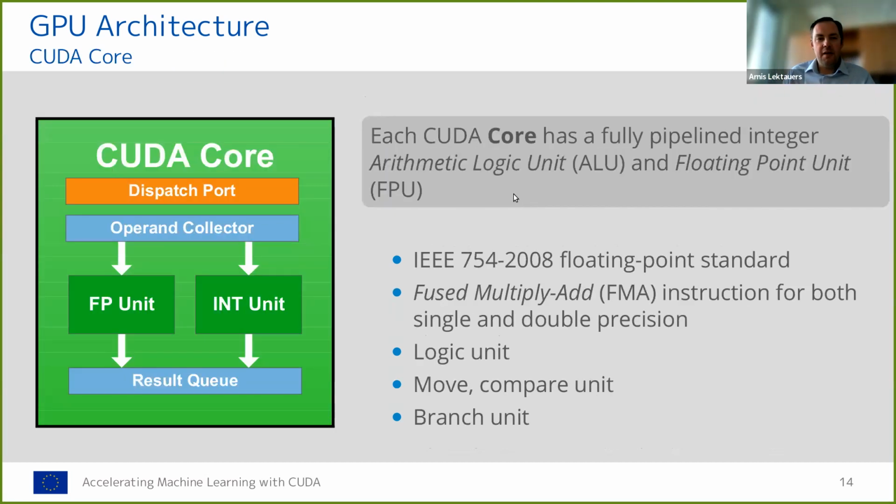By looking at a separate CUDA core, a separate CUDA processor, a CUDA core has a fully pipelined integer arithmetic logic unit, as well as a floating point unit for processing of 32-bit floating point numbers.